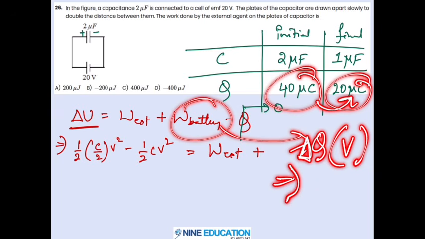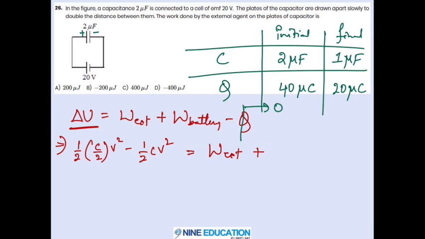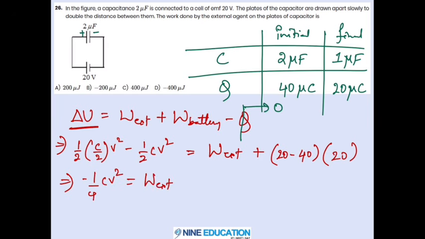Correct? So final minus initial, that is change in the charge, which is 20 minus 40, final minus initial, into EMF of the battery, which is 20. So this will give, this is minus 1 by 4 CV square, that is equal to work done by external, and this is minus 400.